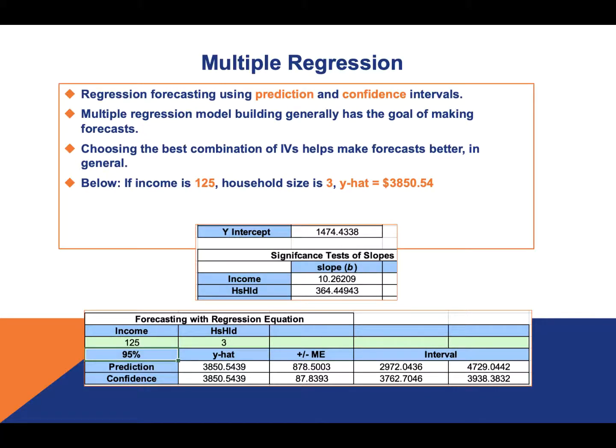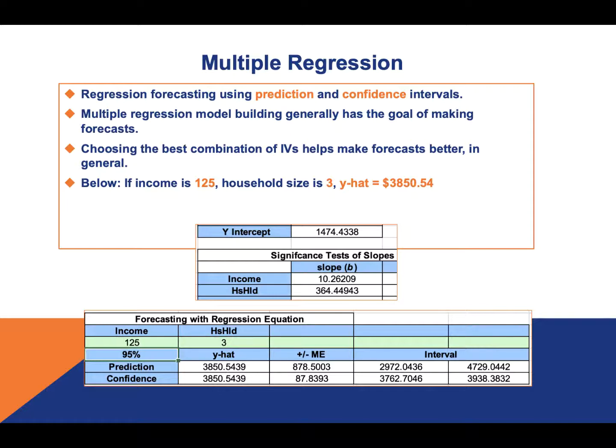Once we have the best combination of independent variables, we can use our familiar prediction and confidence intervals to make forecasts using our regression model. Multiple regression model building generally has the goal of making forecasts, and choosing the best combination of independent variables usually helps make our forecasts better.